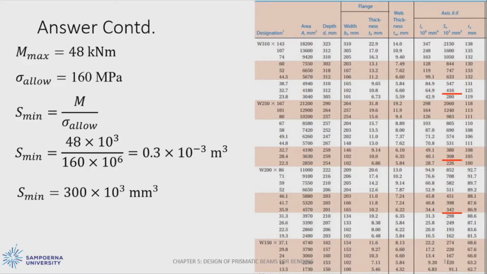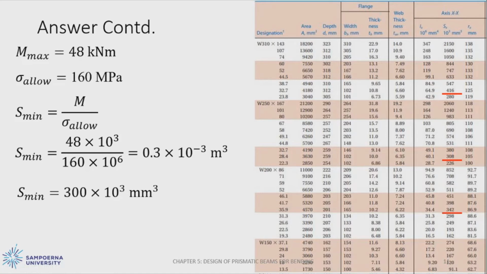If we look closer into the options, we can see the weight of the beam. For the 416, we have 32.7 kilogram per meter. And for 308, we have 28.4. And for the last option, 342 for the SX, it is equal to 35.9 kilogram per meter.